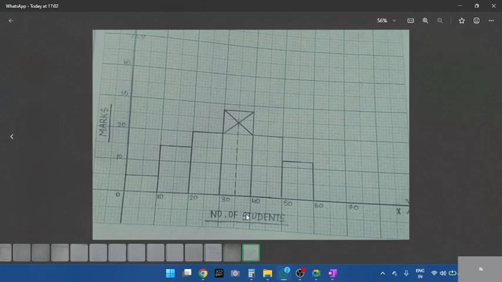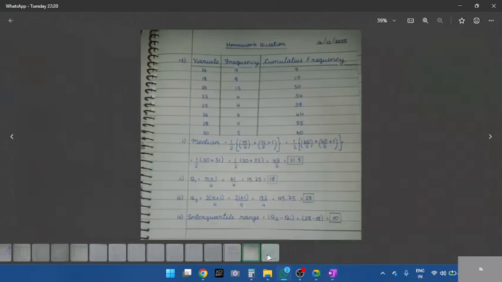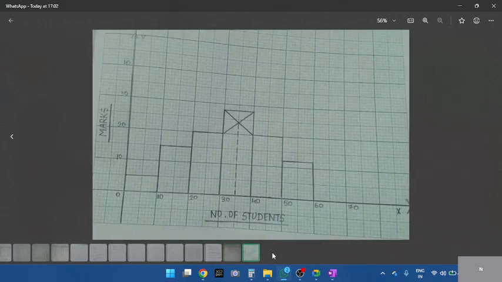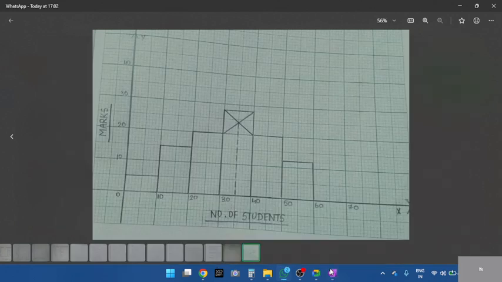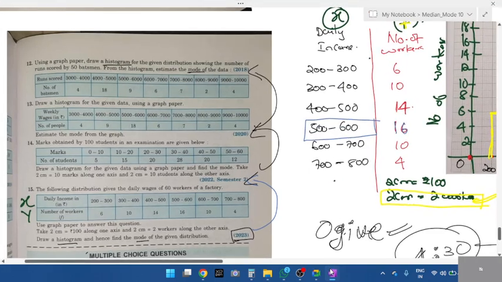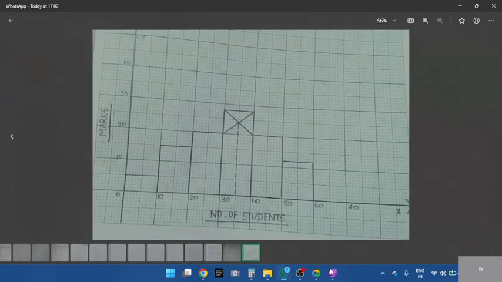Okay, 0 to 10, 5, 15, 20, 28, 20. Next we have 12. 12 is also fine.